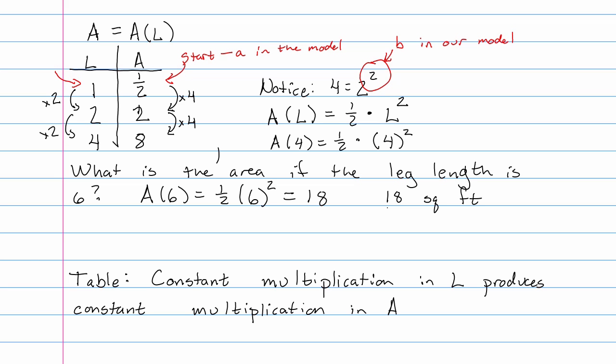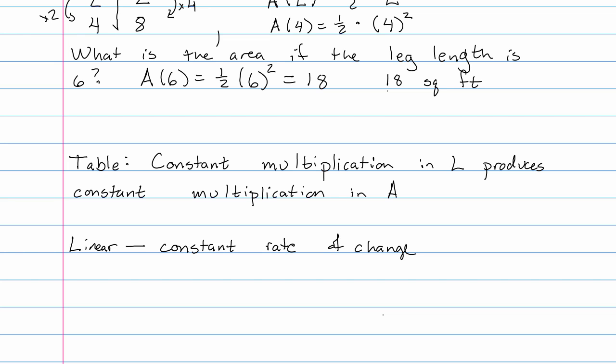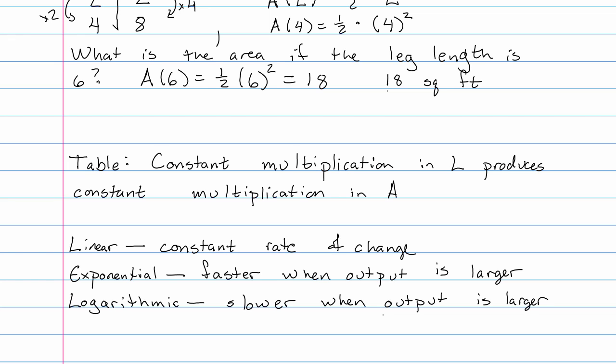What about their growth rate? Remember, linear grows at a constant rate. Exponential grows faster the larger the output variable. Logarithmic grows slower the larger the output variable. What about these power models? Well, actually, the answer to that depends on the power.